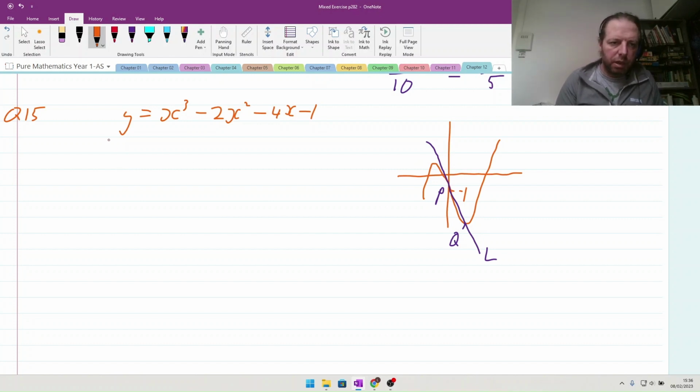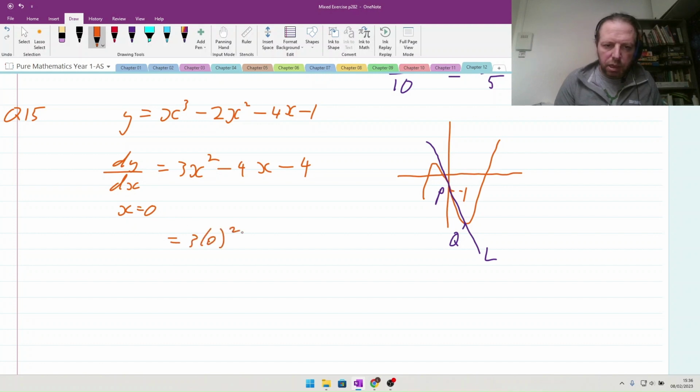So we're going to do that by finding the slope at x equals 0, minus 1. So start with differentiating the equation. 3x squared minus 4x minus 4, and then when x is equal to 0, because I'm on the y-axis, we end up with 3 times 0 squared minus 4 times 0 minus 4, and so the slope of L is equal to minus 4.